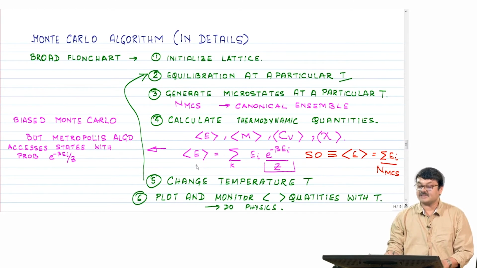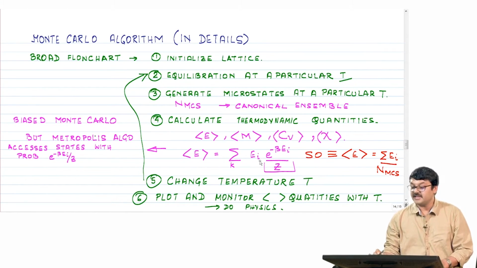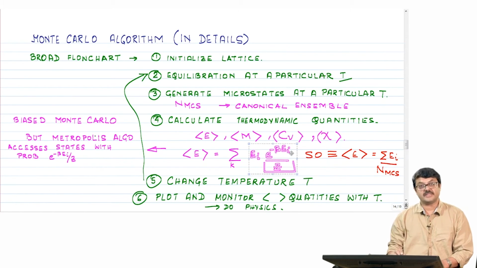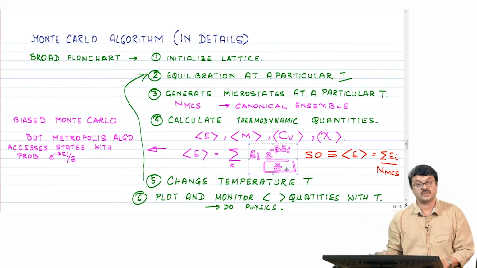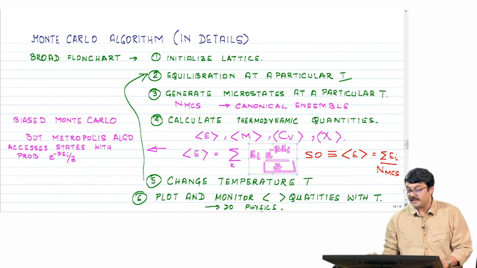The statistical physics formula is the energy of a microstate times the probability of accessing that microstate, which is given by e to the power minus beta E_i by Z, Z being the partition function. This is the so-called probability of accessing a particular microstate in a canonical ensemble, right.